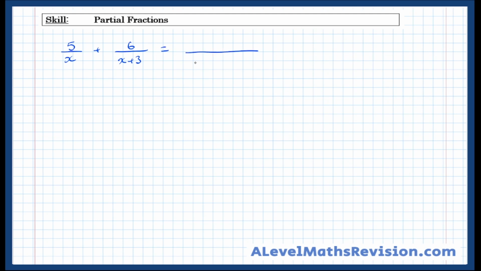So the common denominator is x times x plus 3. And the first thing we multiplied by x plus 3, so we're going to do the same to the top. And the second one we multiplied the denominator by x, so we're going to multiply the top by x also. Which is equal to 5x plus 15 plus 6x over x times x plus 3.